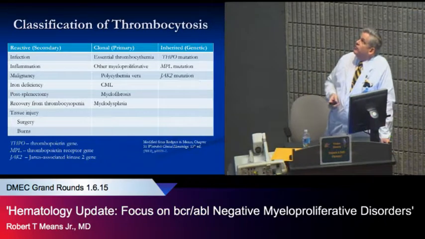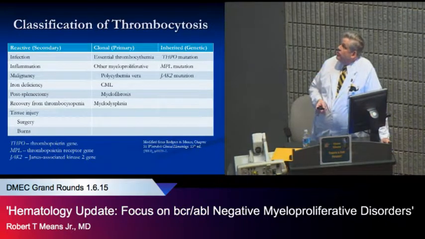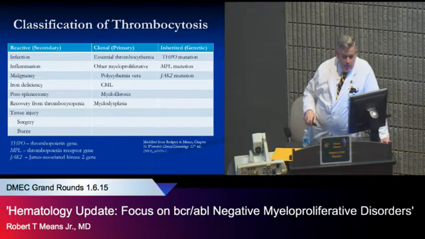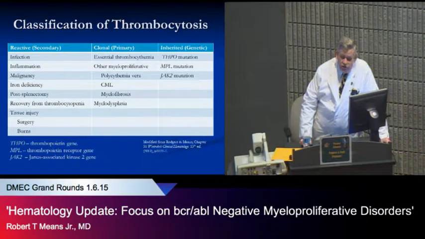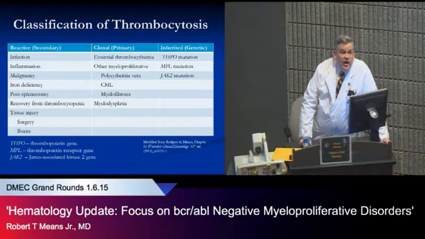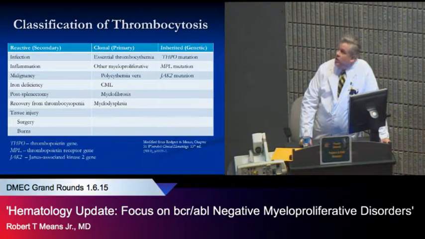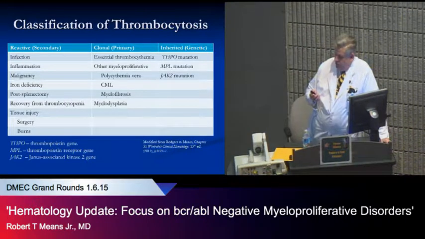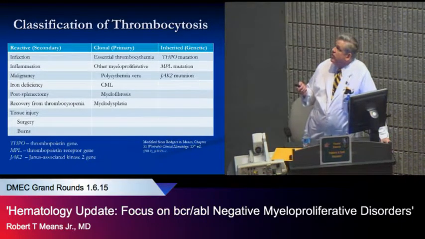There are also a number of inherited genetic disorders: the thrombopoietin receptor, the thrombopoietin gene itself, and what we're going to talk a fair bit about today, Janus-associated kinase 2. You can have inherited mutations that do that.